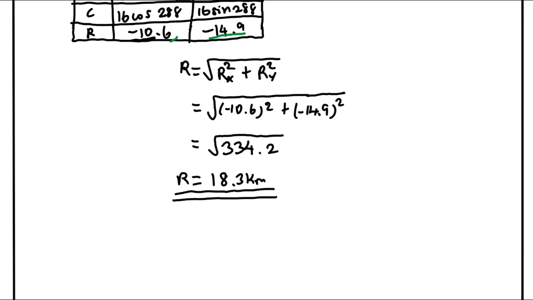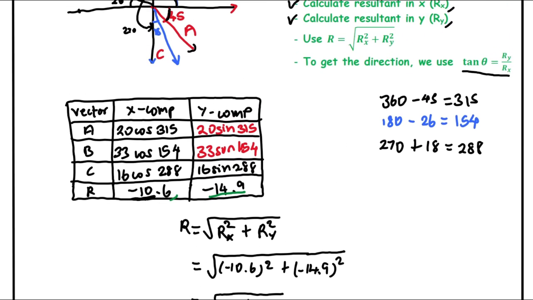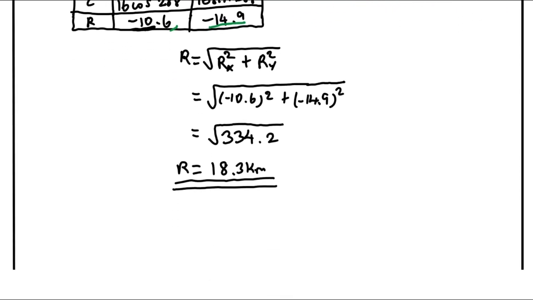Now, we need to also get the direction, because we need to know the direction in which the police move. So to get the direction, we use tan theta is equal to Ry over Rx. So tan theta is equal to Ry, negative 14.9, over Rx, negative 10.6.